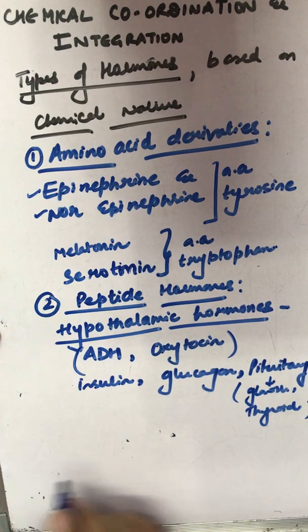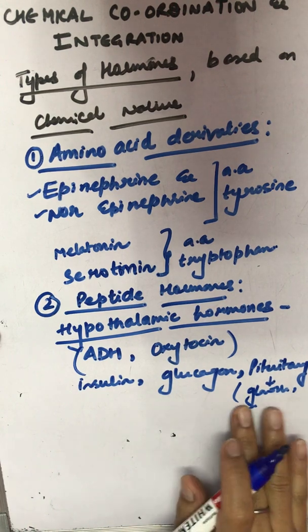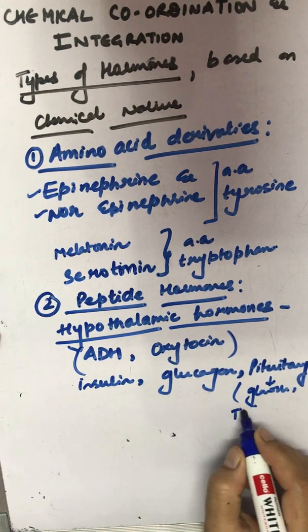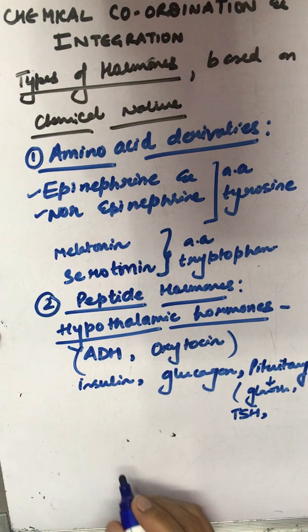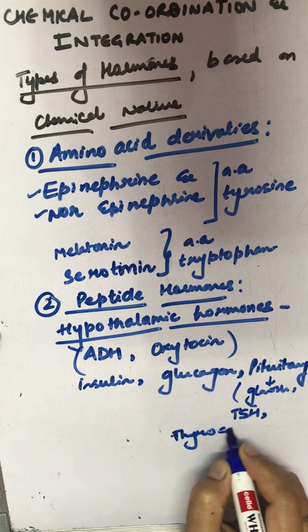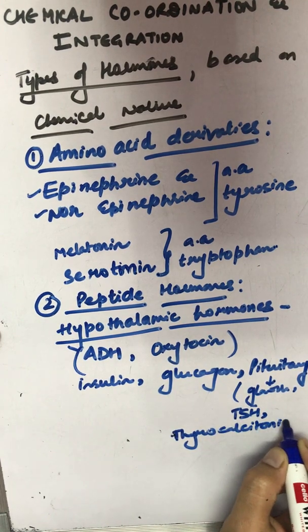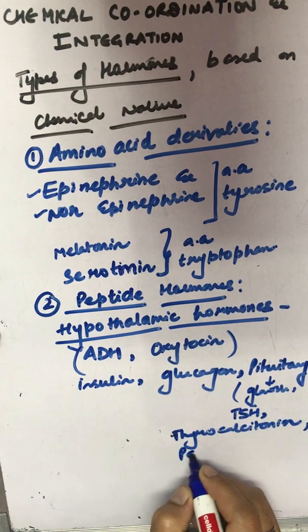Alright, let's list it up. Growth hormone, thyroid stimulating hormone, then thyrocalcitonin hormone, and then parathyroid hormone.